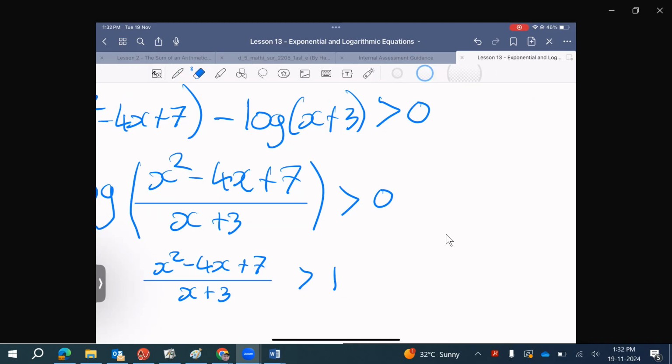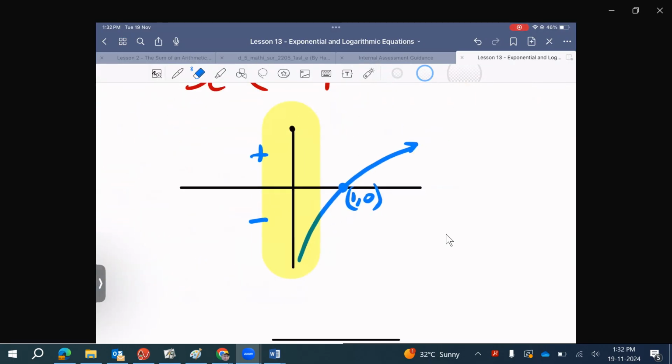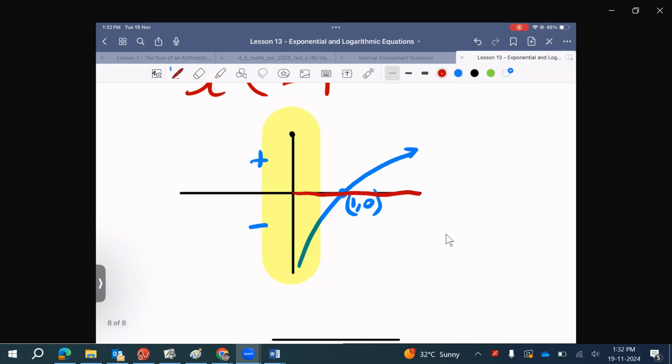If the internal expression inside the logarithm function is bigger than 1, the logarithm is going to be bigger than 0. So when the inside switches to be a value bigger than 1, the function on the outside will also switch to be positive.